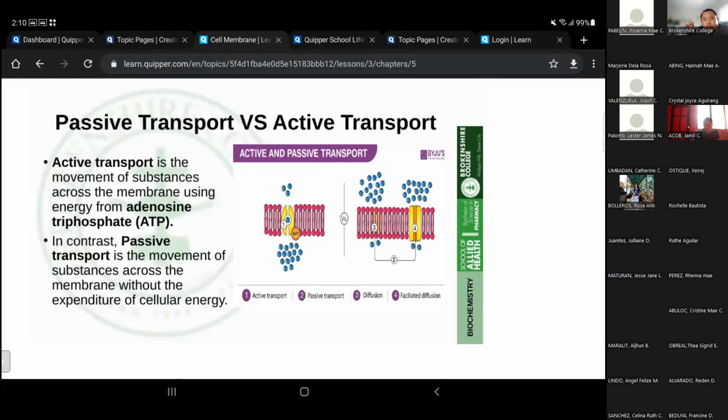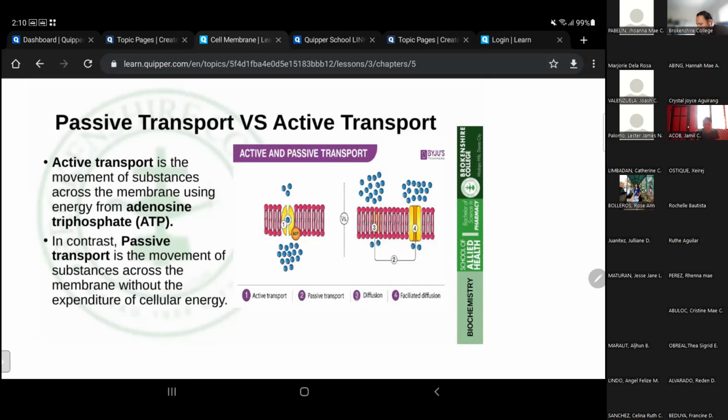Nag-configure siya, same shape, parang lock and key theory. So with that, the molecule could pass through easily into the membrane via channels. Then of course we have diffusion, no?